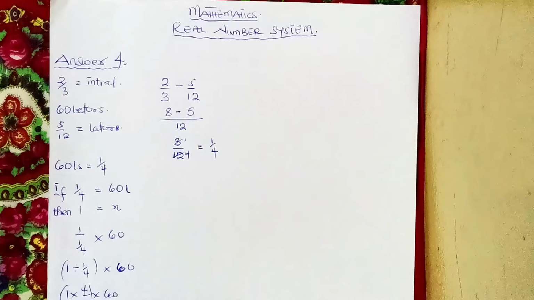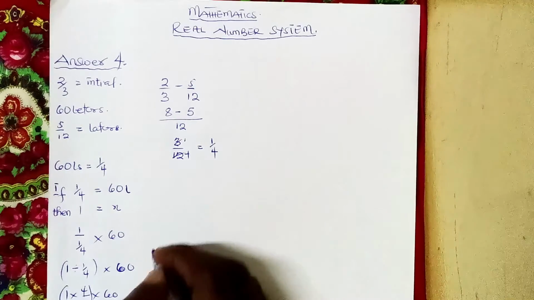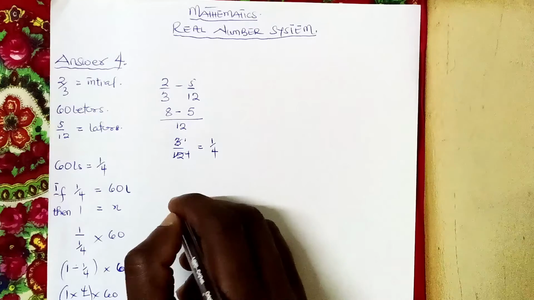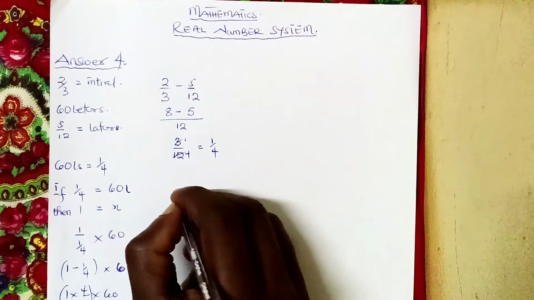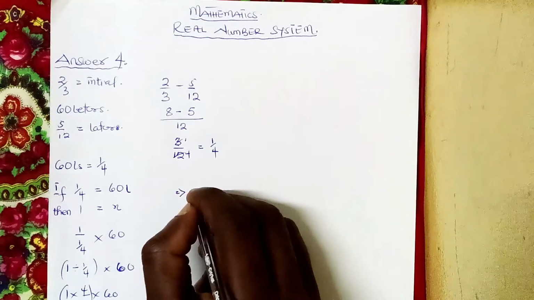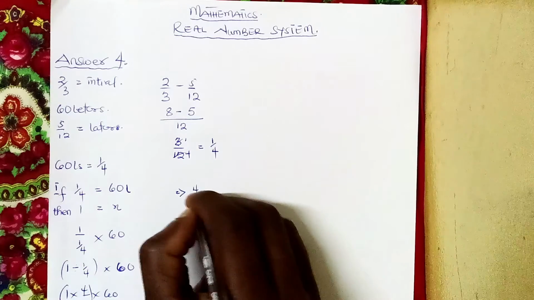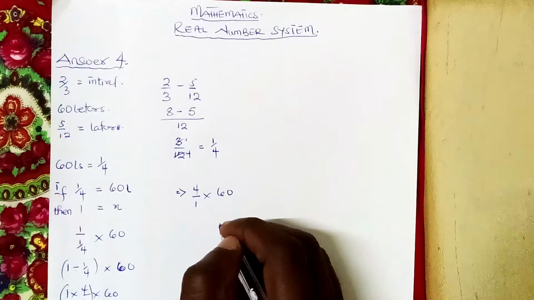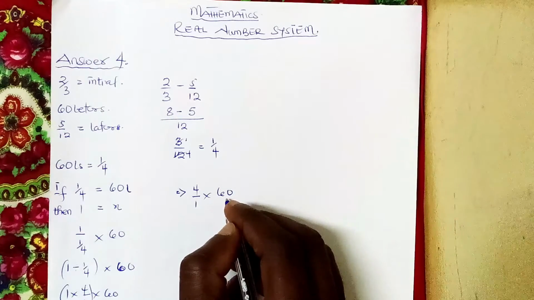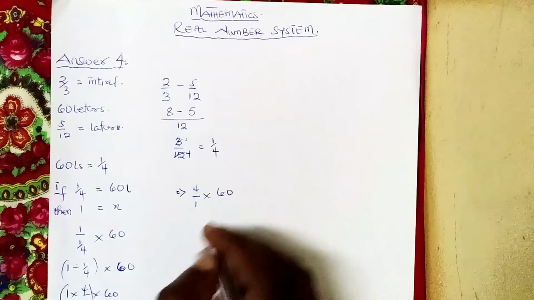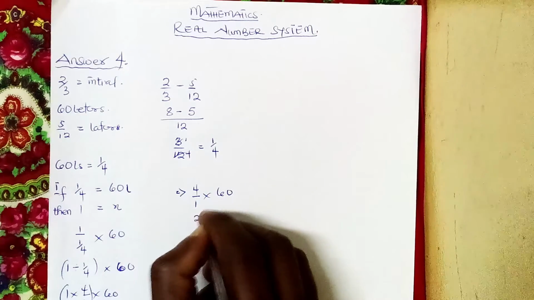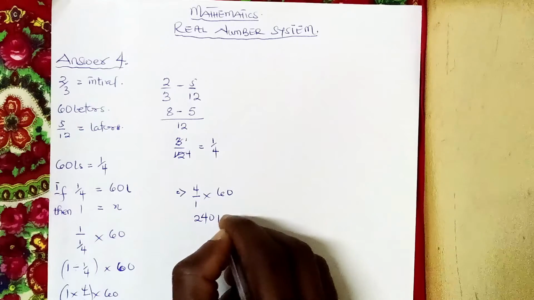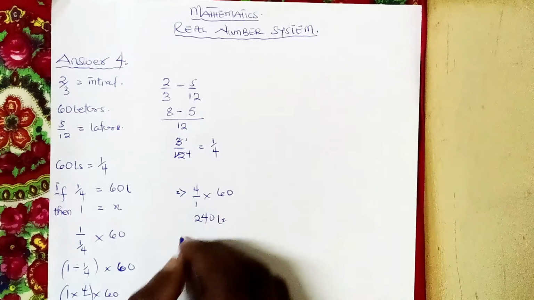With this in bracket, then we have 4 on 1 times 60. 4 by 60, we are going to get 240 liters.